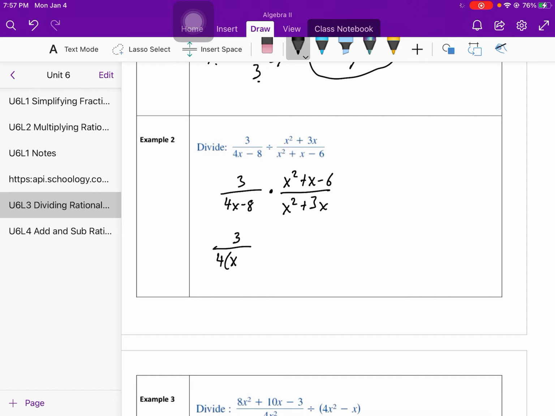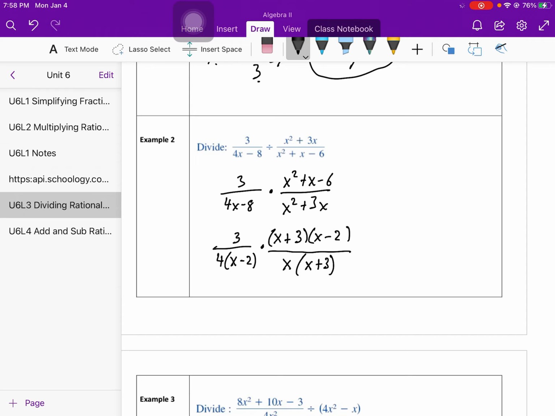And we're left with x minus 2. And then we can factor this one over here. Do 2 sets of parentheses. X and x, so factors of 6 that have a difference of positive 1. It's going to be positive 3 and negative 2. And then x squared plus 3x, we can just take a single x out and then an x plus 3.